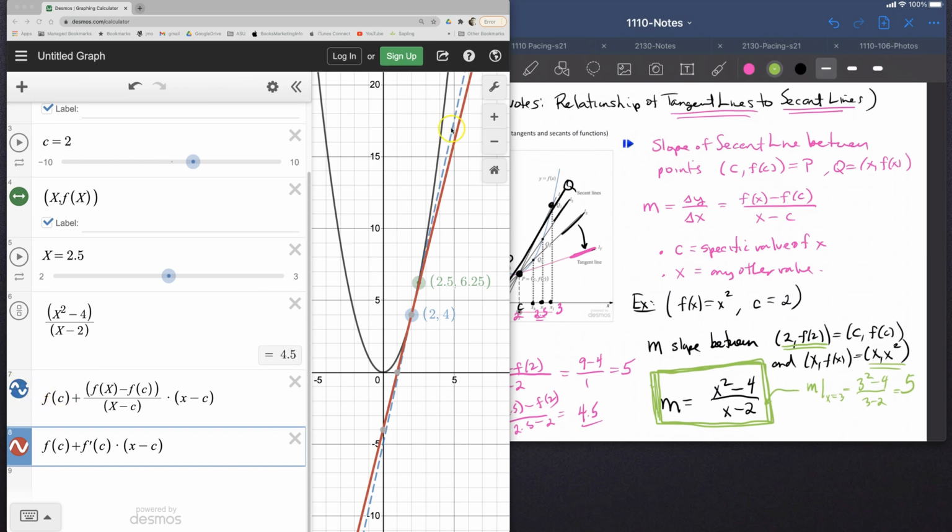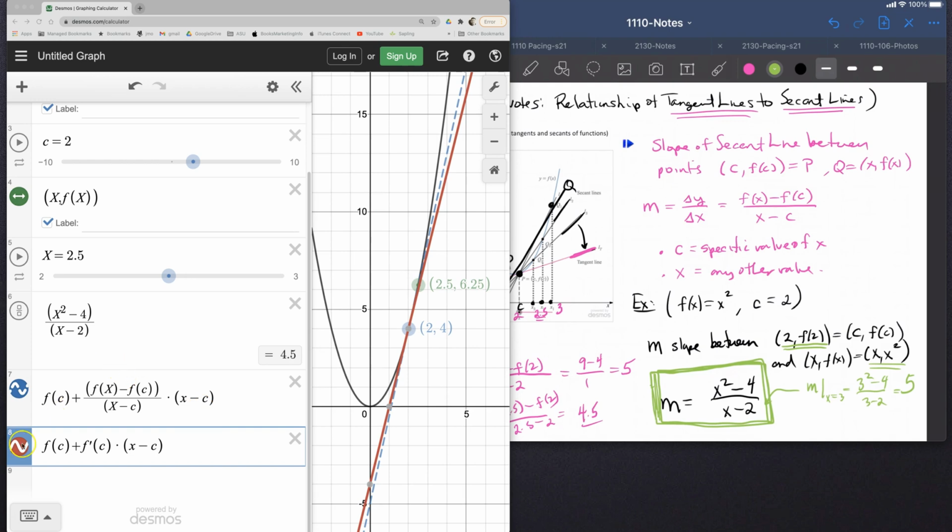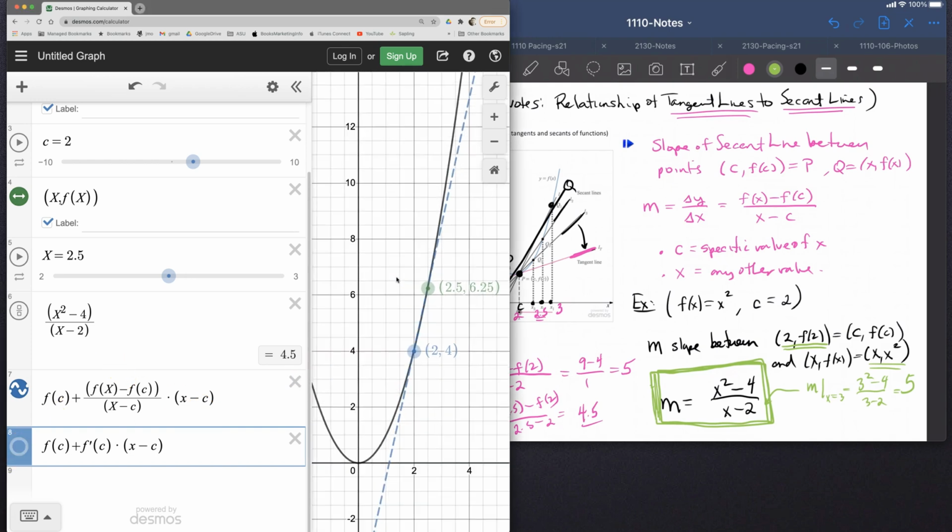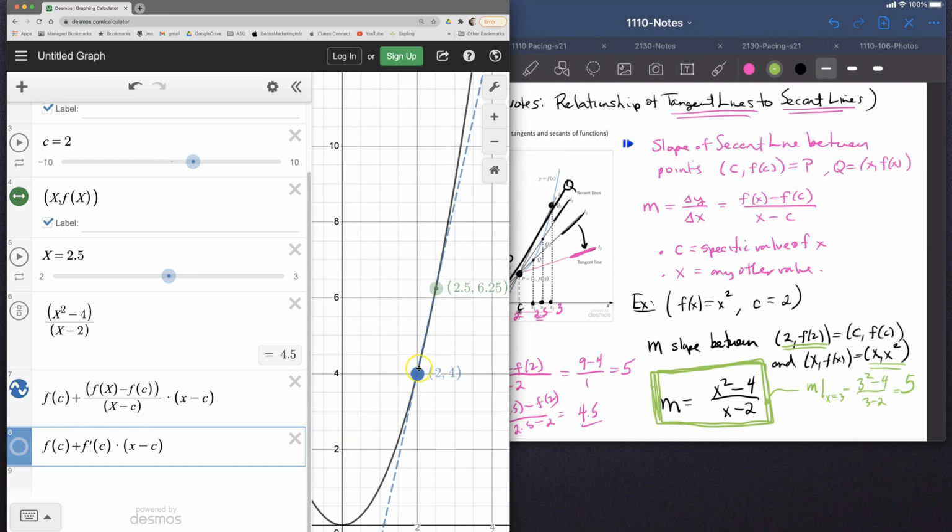The blue dotted line is the slope of the secant line between our two points. Here's the point P in blue and our point Q in green. That secant line changes depending on the two points.